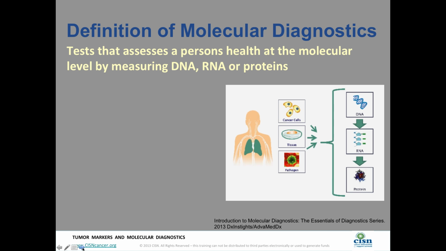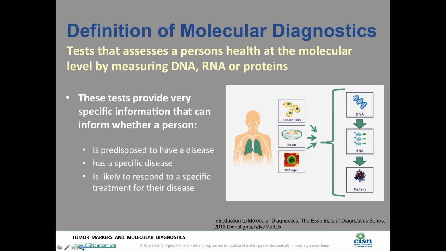So what are molecular diagnostic tests? These are tests that assess a person's health at the molecular level by measuring DNA, RNA, and proteins. These are components that are shed or sloughed off tumor cells, or part of the tumor cell that has been removed. Like I really like Peggy's idea, if we could have a urine test, wouldn't that be awesome? These tests provide very specific information about abnormalities.